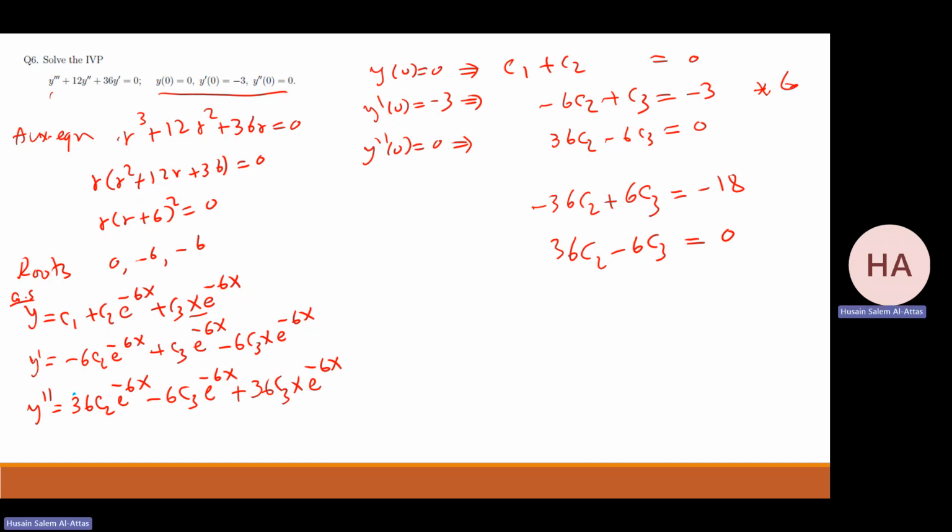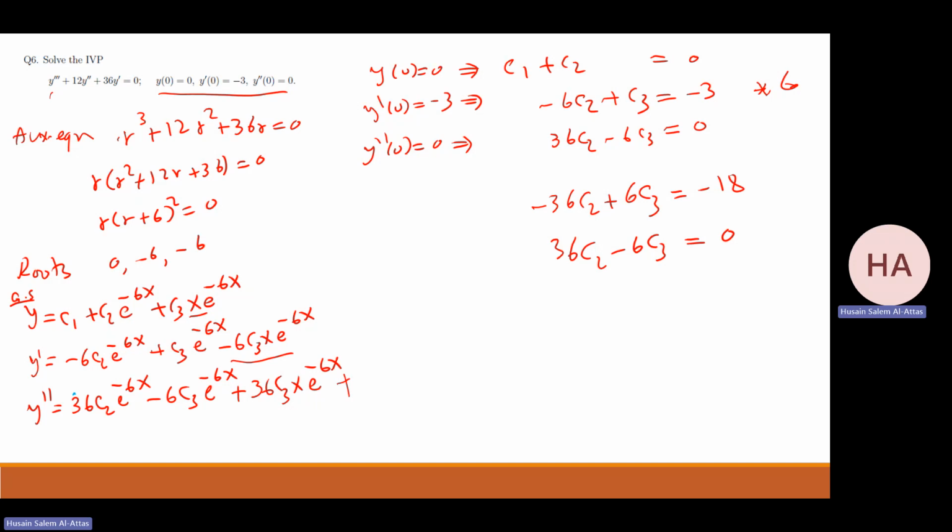R plus 6 all squared. What is the mistake? This is the minus 6 C2, C3 minus 6 C3 x e to the minus 6x. That will be 36, that is minus 6 C3. Yeah, this is the point. I need another term here.